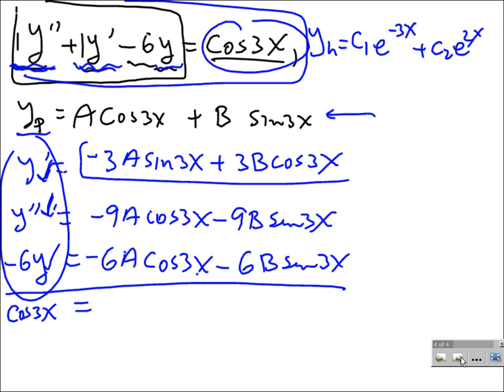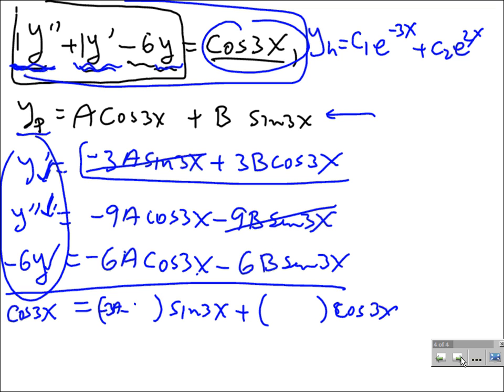And on the right side, I'm going to get some multiple of the sine of 3x and some multiple of the cosine of 3x. Well, how many sine 3x's do I have? I have negative 3a here, and I'm taking away 9b, and I'm taking away 6b.